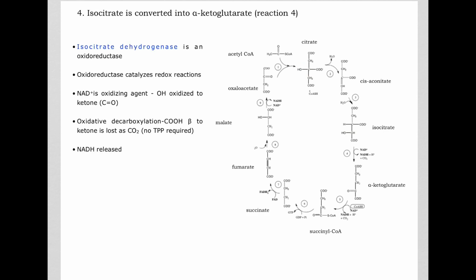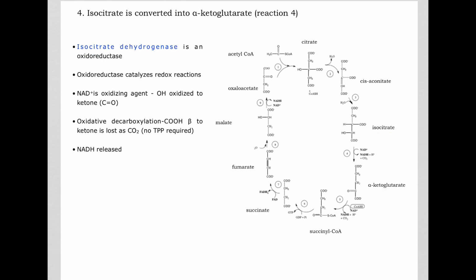In reaction number 4, the isocitrate is oxidized to alpha-ketoglutarate, and the enzyme that catalyzes this is called isocitrate dehydrogenase. Remember, dehydrogenases belong to the oxidoreductase family of enzymes, and these enzymes catalyze redox reactions.